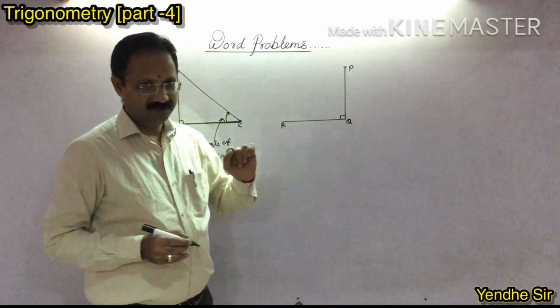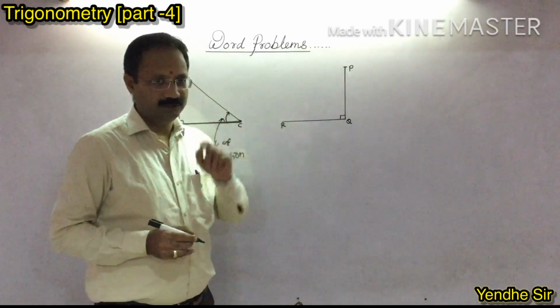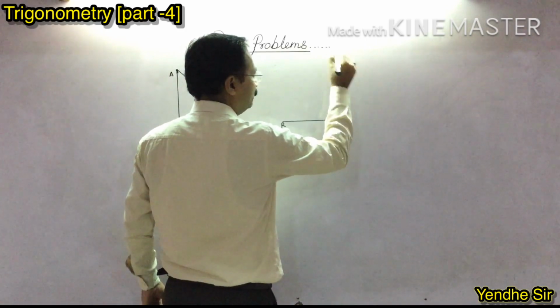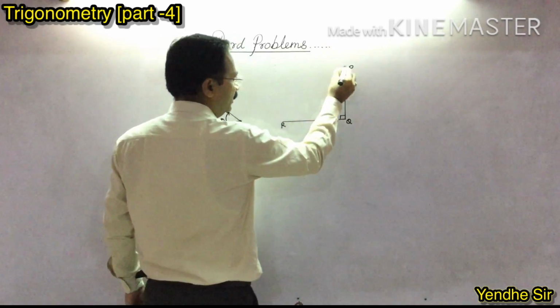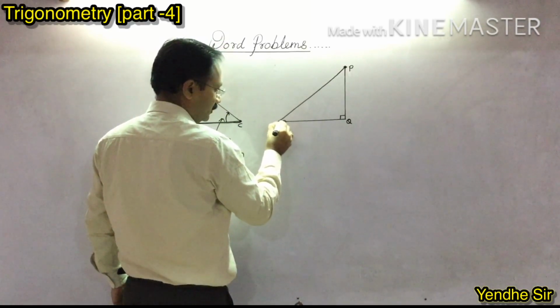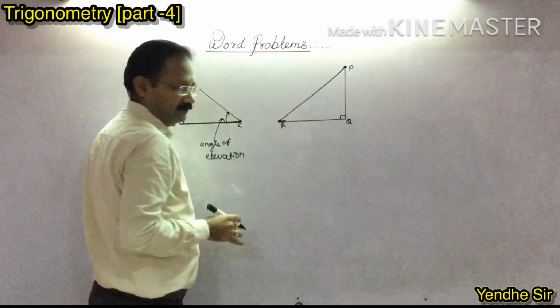PQ is a lighthouse and at the point R there is a boat. A person is standing on the lighthouse who is observing the boat. Here is the boat and this person is observing this boat.